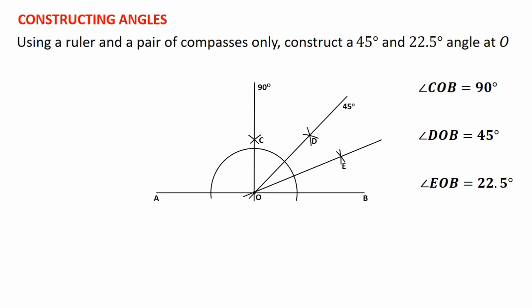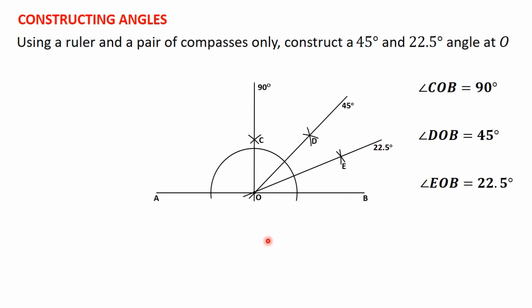So the angle formed along this line is 45 degrees. Then after constructing the 45 degrees angle, we bisected it. So we bisected angle DOB to get angle EOB, and that angle is 22.5 degrees. So the angle formed along this line is 22.5 degrees.